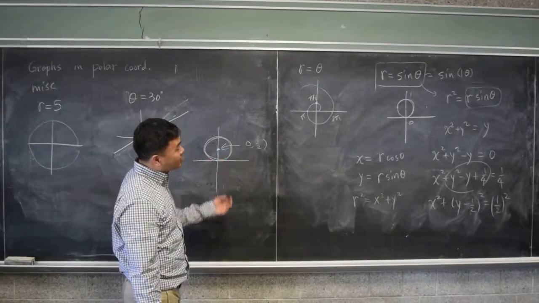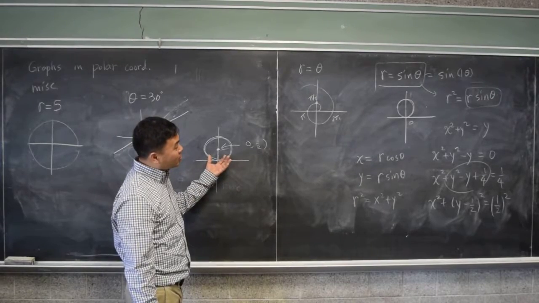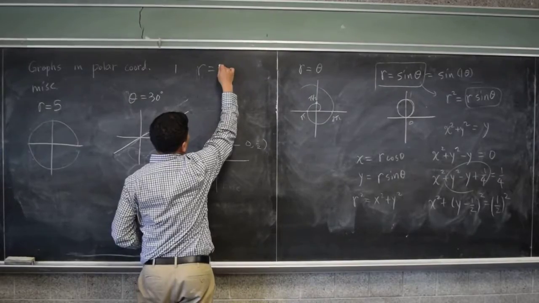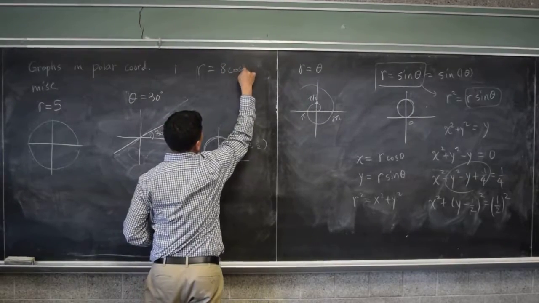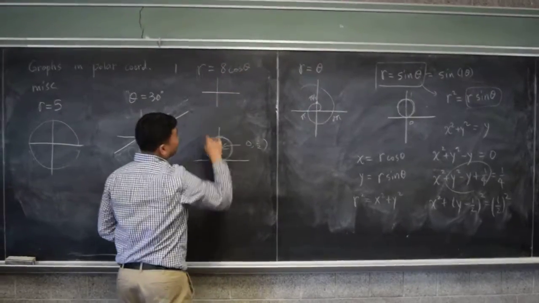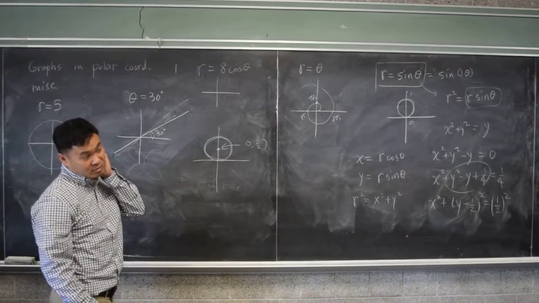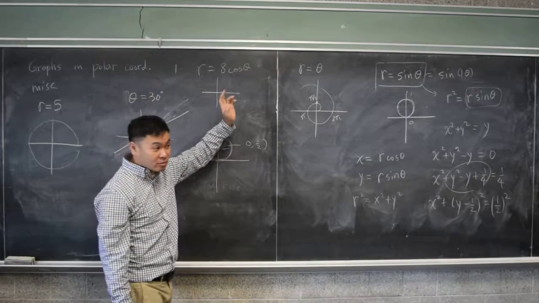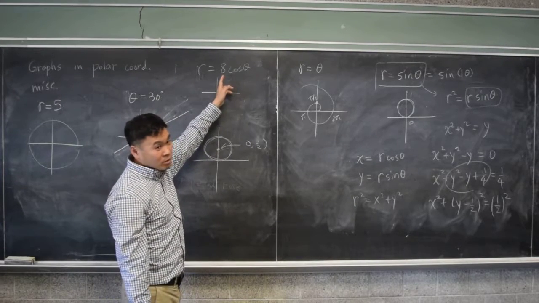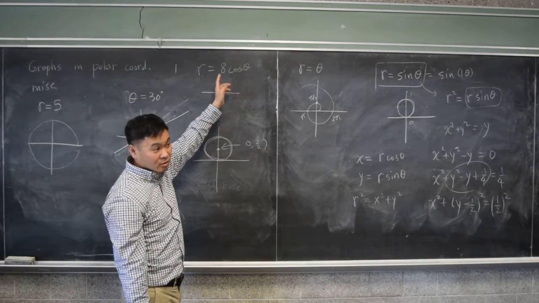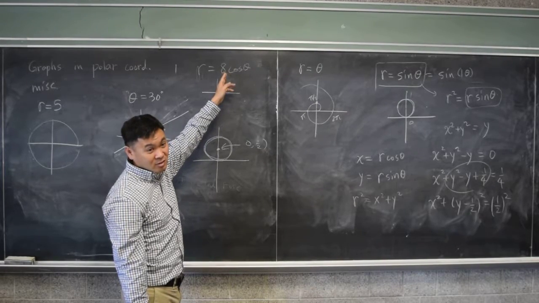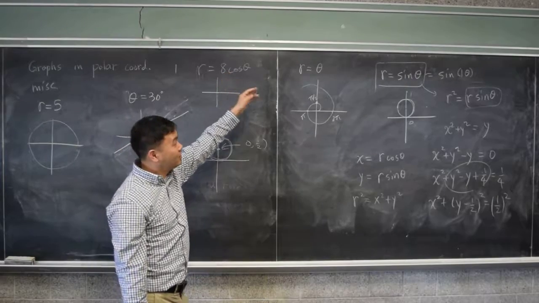And that kind of makes you understand a lot of other ones. Like for example, if you're given r equals, say, 8 cosine theta, what would this be? It'll still be a circle with radius. What will be the radius of this circle? 4.